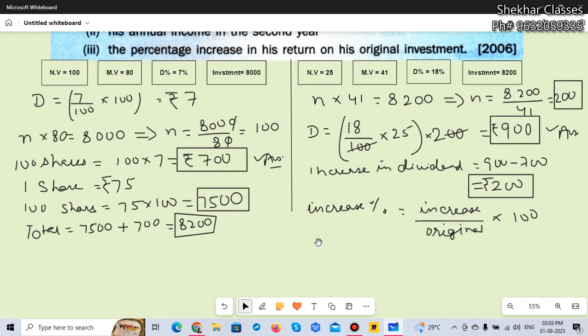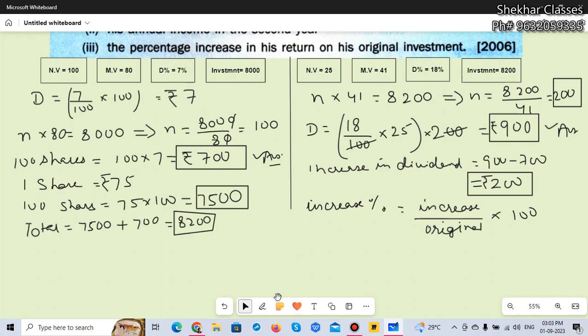Now we have to put the values in it. What was the increase? 200. So this will be equal to 200 over the total investment that he had. Originally 8,000 rupees only, because originally he had put only 8,000, right? Into 100. So these 2 zeros got cancelled, 1 zero got cancelled here, right?